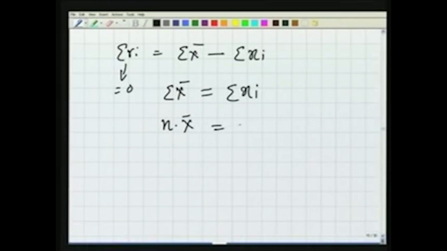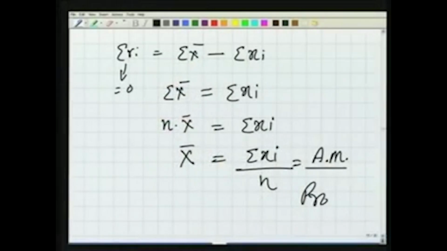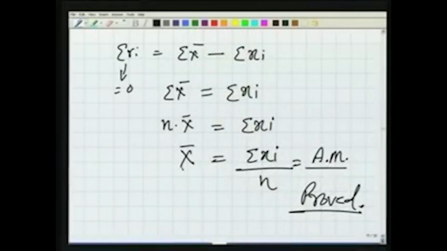So that is equal to sigma xi. So the x bar, the most probable value, comes out to be sigma xi divided by n, and this is nothing but the arithmetic mean. So what we proved is that if our observations have only random error, in that case the most probable value of the observation is the arithmetic mean.